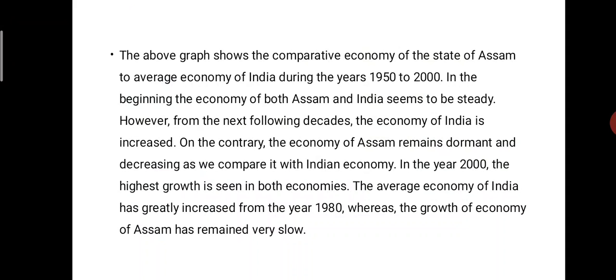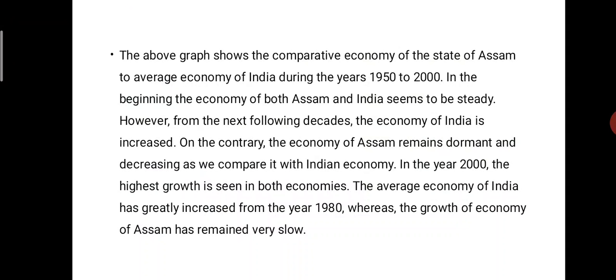So this is the development of your writing skill, and at the same time you must write it logically, sentences one by one. The first sentence must be about the initial statement and about the subject of the particular line graph or any table or flow chart or bar diagram or pie diagram.